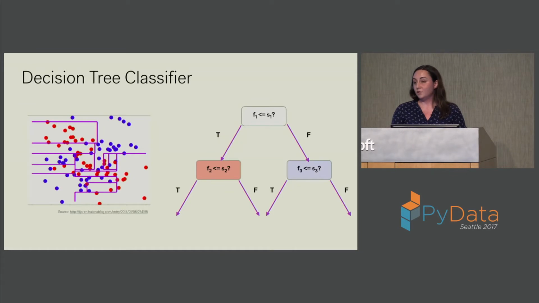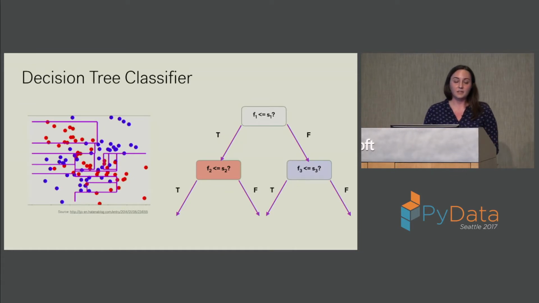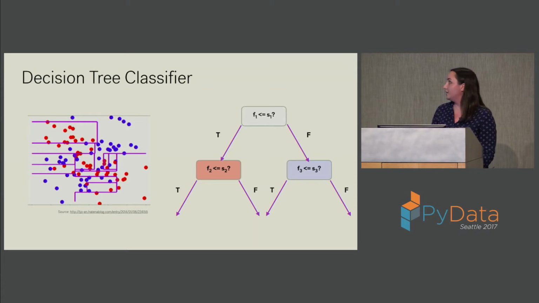So let's try a totally different algorithm that is known to be really easy to introspect on. The idea of a decision tree classifier is you have your two classes, red and blue in this example, and at each step, the algorithm is finding the feature and the feature value that give the best separation of the data.